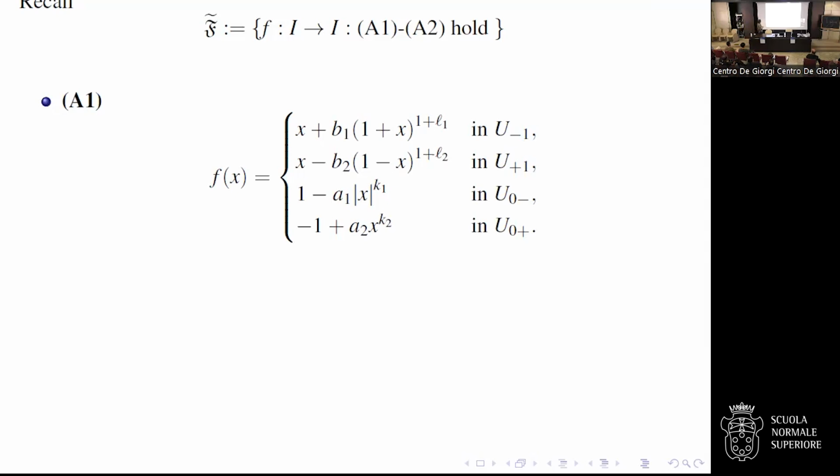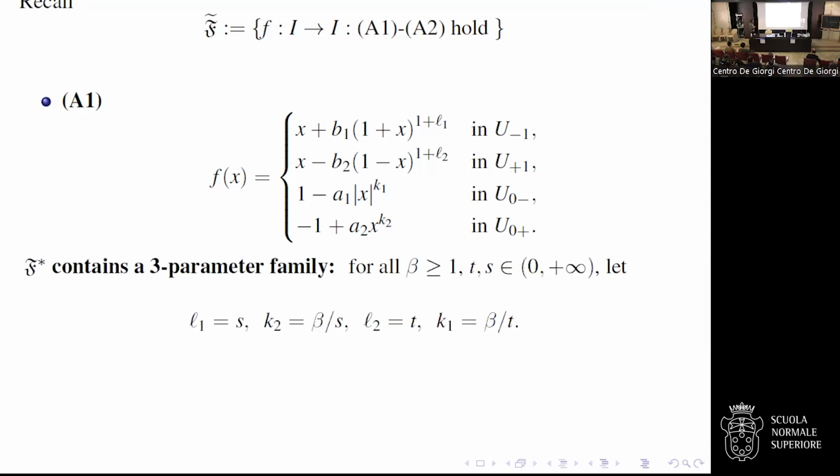Let me remind you of our definition, and notice that, just by trivial observation, F star contains a 3-parameter family of maps, because your only condition here is that beta 1 equals beta 2.